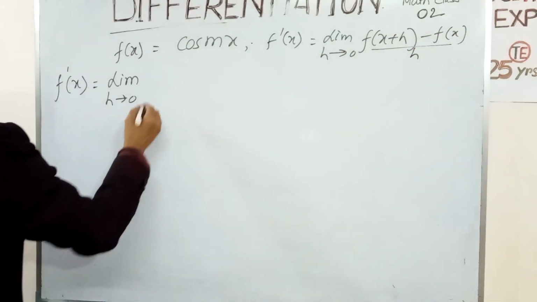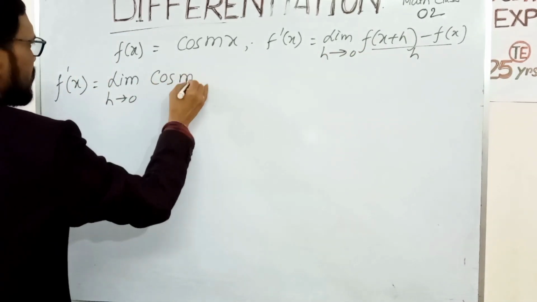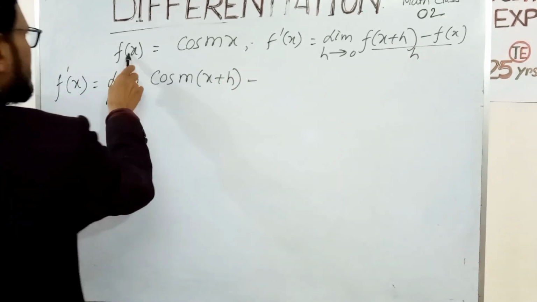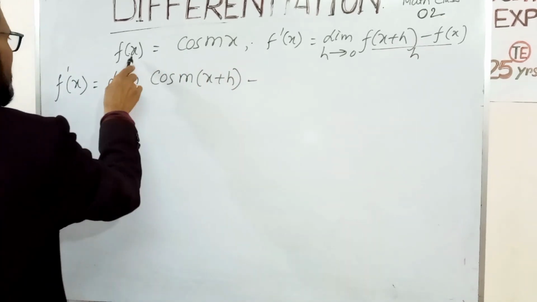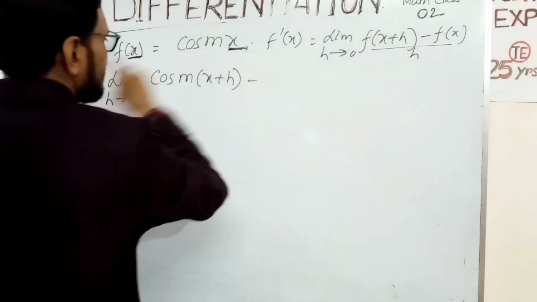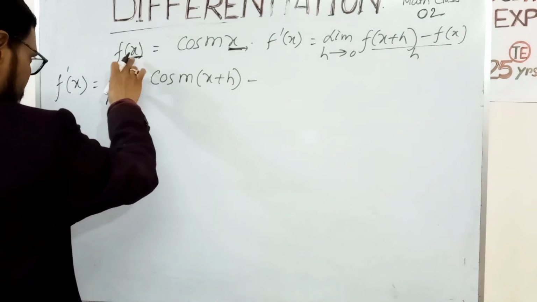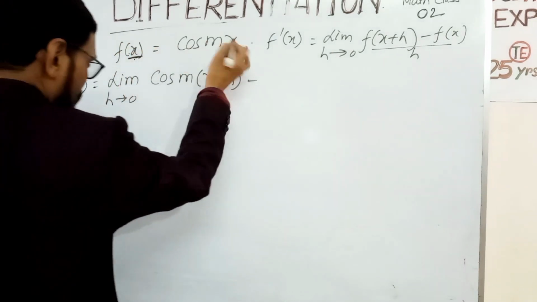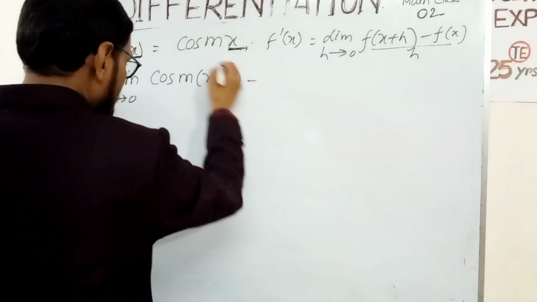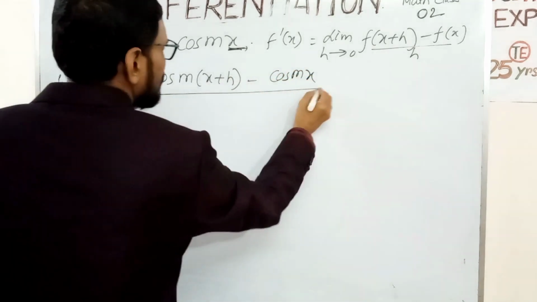So this becomes f of x plus h, meaning cos of this, because if f x equals this, now f of x plus h means put x plus h here and also here. So this becomes f of x plus h minus f x, where f x is cos mx, by h.